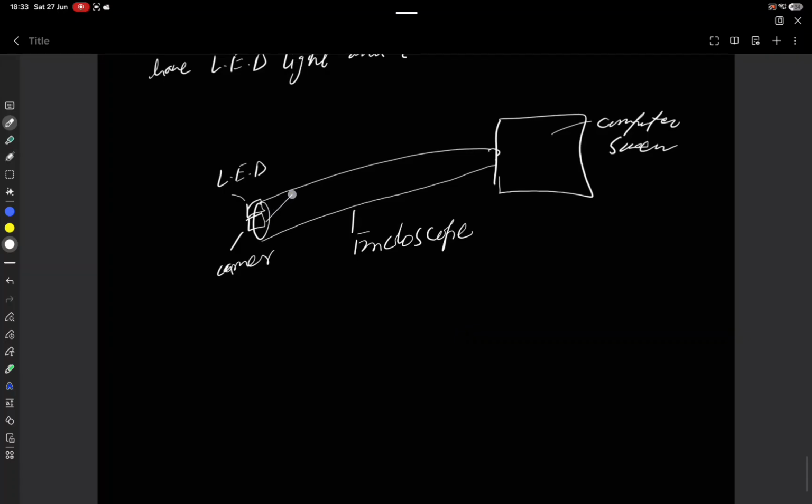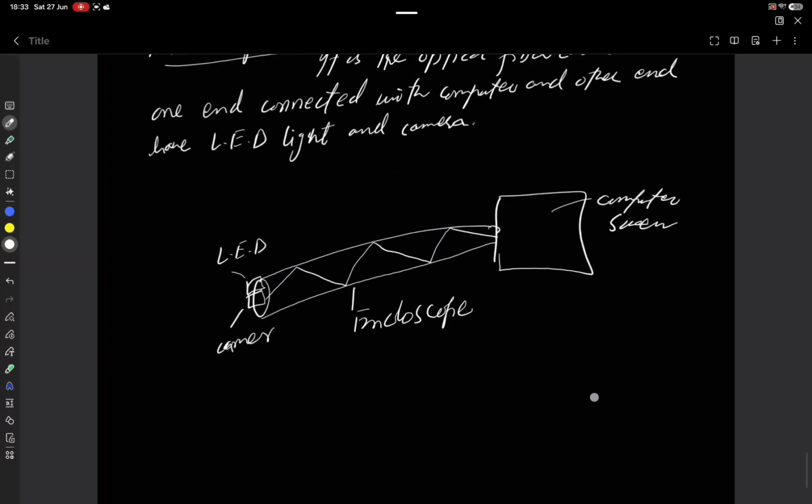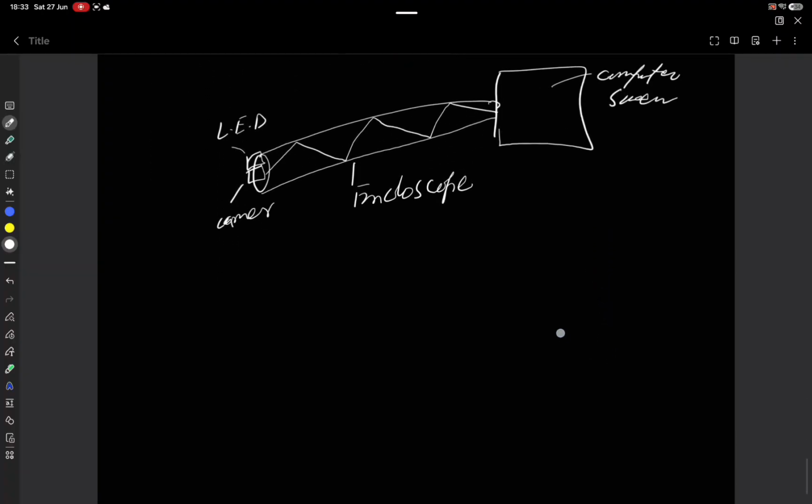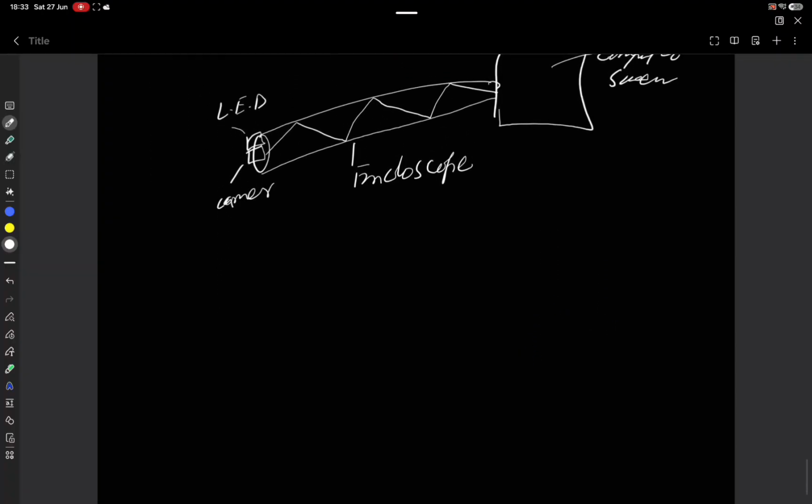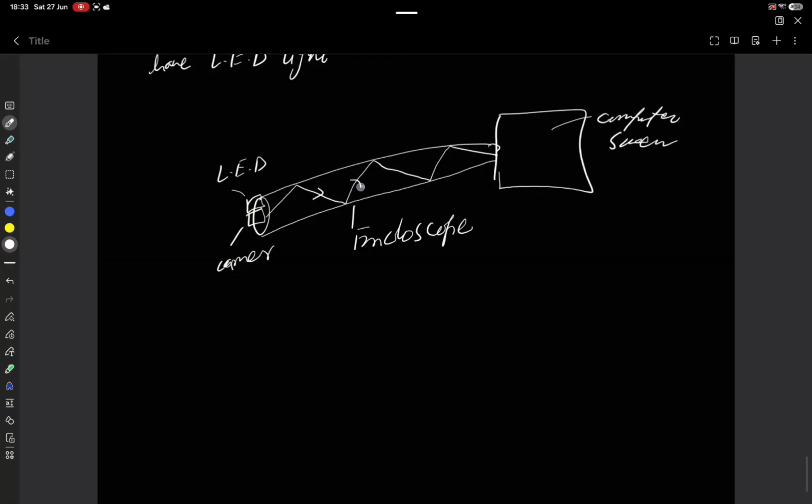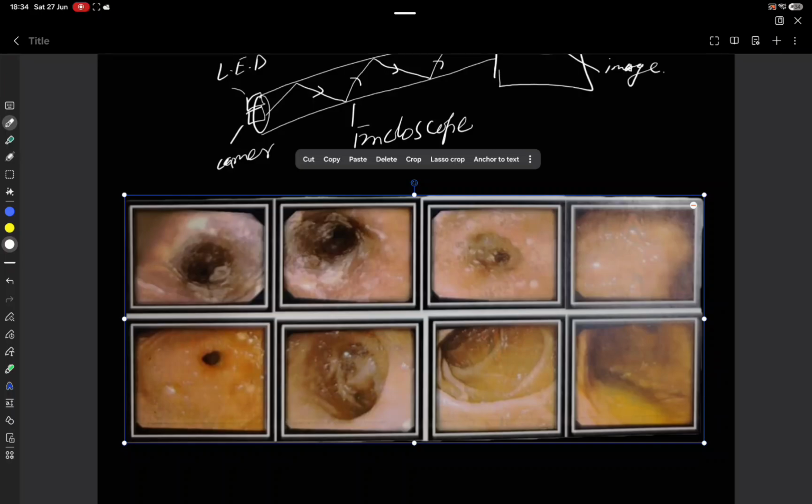So the reflected light ray through the camera travels along the optical fiber cable, and we are able to see the internal walls of the intestine and stomach. So these are the light signals traveling to the computer, and here we have the stomach image. So with the help of this endoscope we are able to see the location of the fungus and the condition of the food canal.